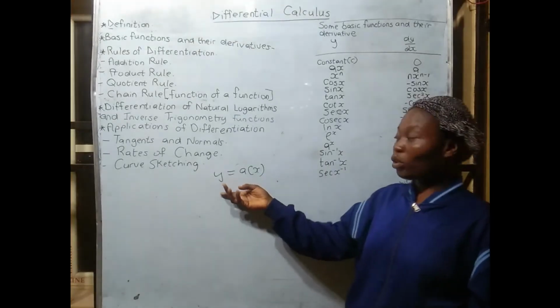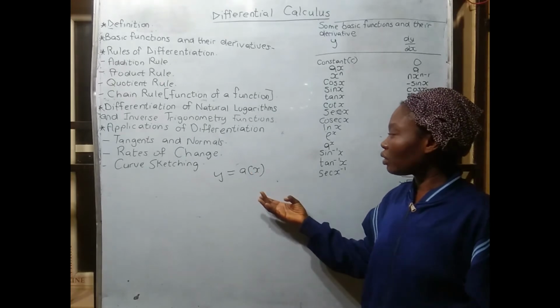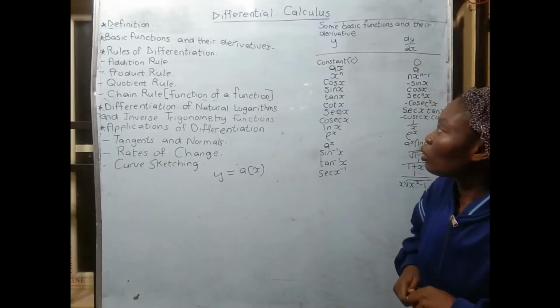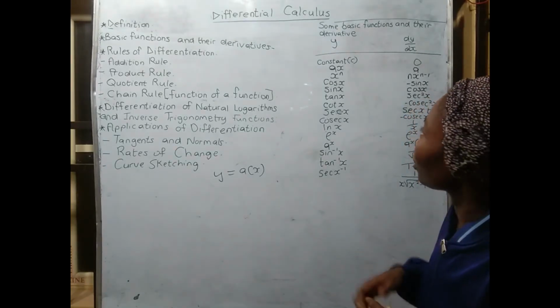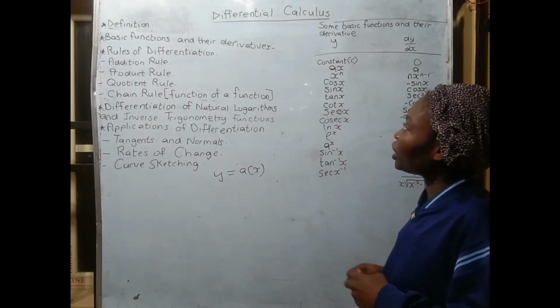So y is also called the outcome variable, because by solving with respect to x, you get the value of the y. So under differential calculus, there are some things that we'll be checking.